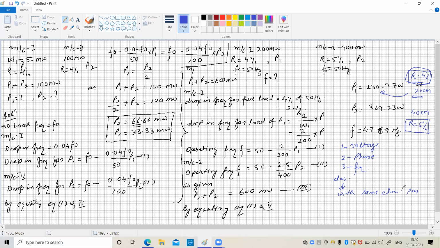Otherwise, a lower capacity generator will share more power, and a higher capacity generator will share less power. So this is the importance of prime mover characteristic when two alternators are connected in parallel.